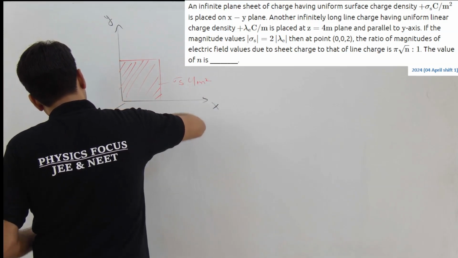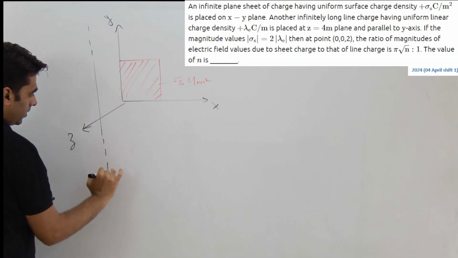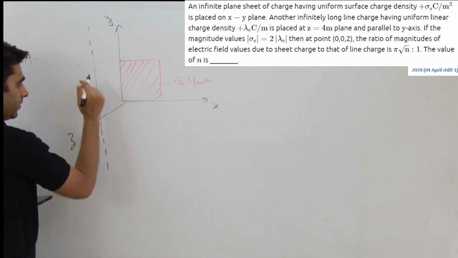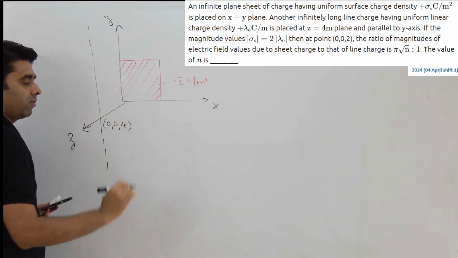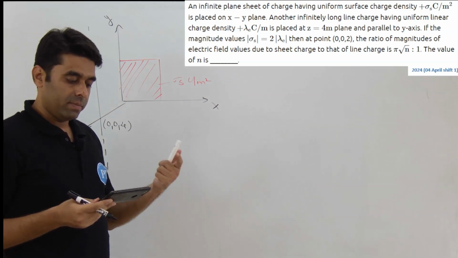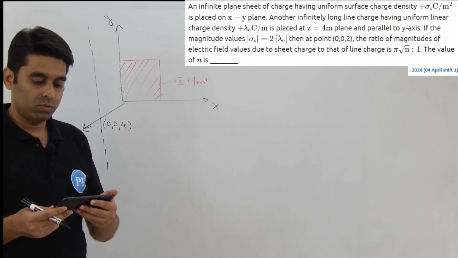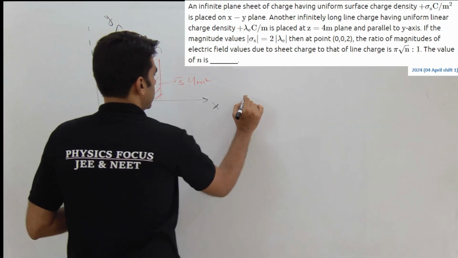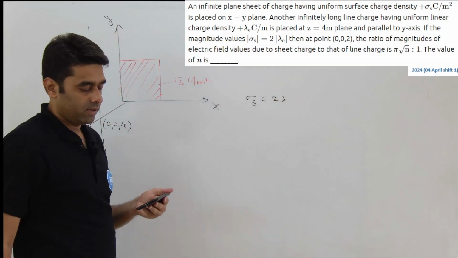If we draw it, it will come something like this. See carefully, it passes through this point 0, 0, 4, right? If the magnitude value sigma s is equal to 2 times lambda, in magnitude terms they have given us.